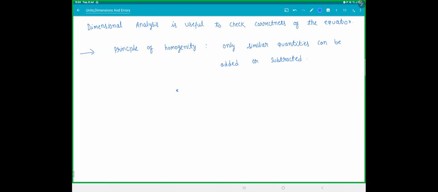For example, if someone tells you A plus BC square is equal to energy, then definitely the dimensions of A and BC square must also be energy terms. You can add energy plus energy to give energy. A can't be something else.